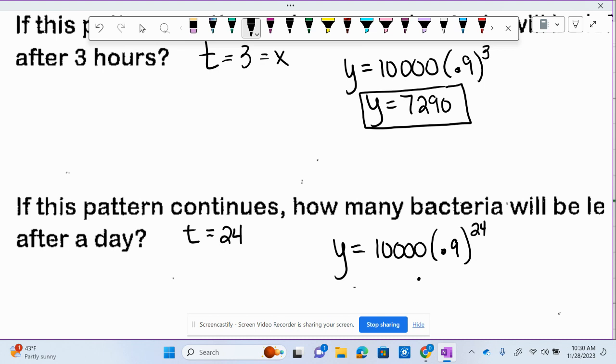I don't want any shout outs. I want everyone to do it in their calculator. Don't say the answer. Everybody do it in their calculator and write your answer down on your paper. Just round to the nearest whole bacteria. Put it in your calculator.